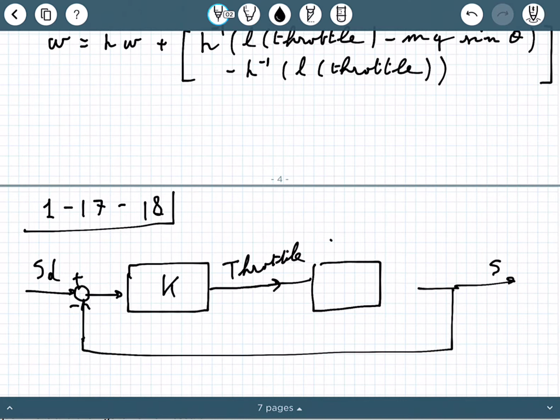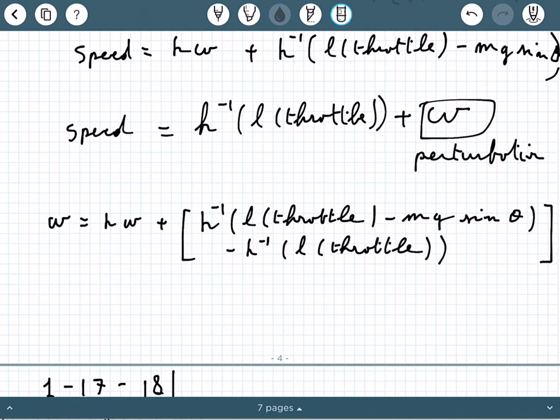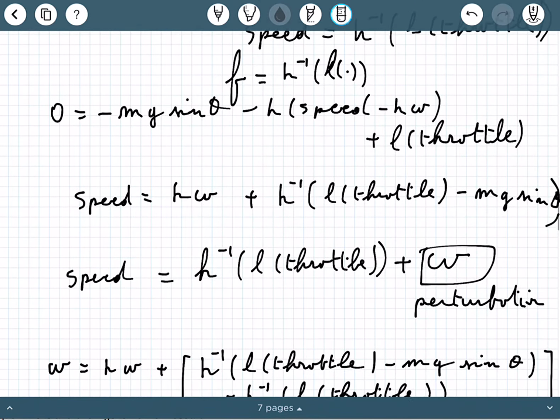There is what I would call the nominal car effect. Let me redraw this. So as I said, this is the nominal car effect here. That's the nominal dynamics, but to it we add the perturbation W.